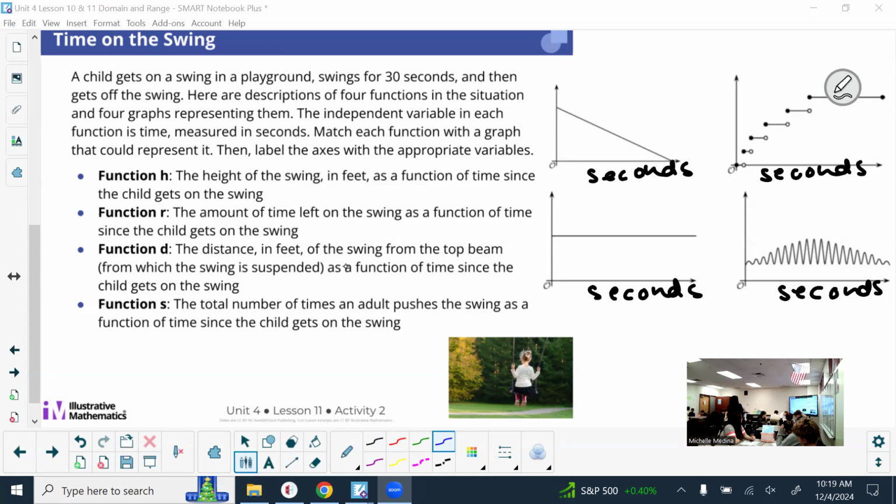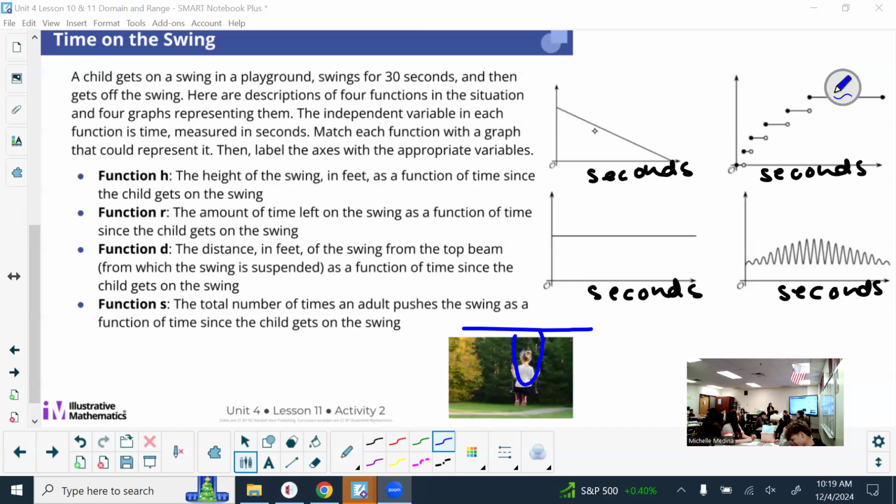Okay, so distance in feet of the swing from the top beam as a function of time since the child gets on the swing. When we're talking about from the top beam, here's a picture of the swing down here, right? Does the distance from the seat of the swing to the top ever really change? So should it go with the one that says it's decreasing over time?